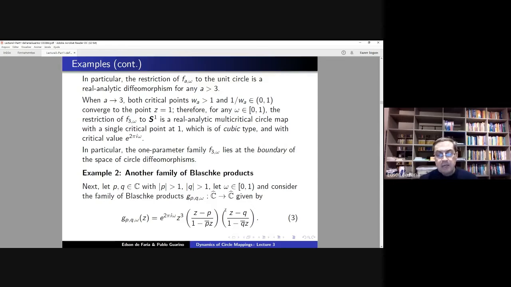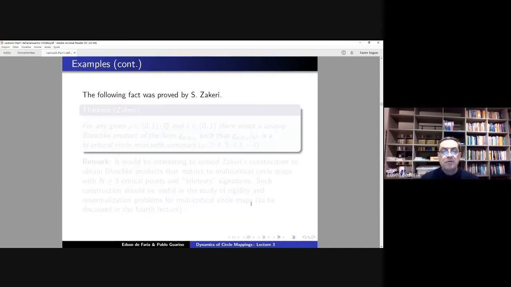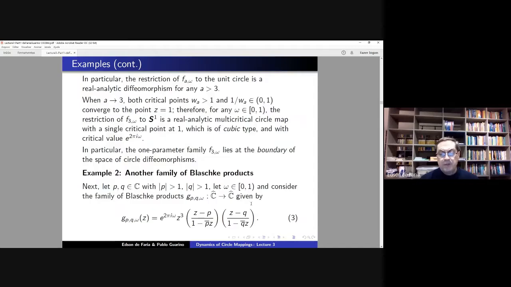And once again, z goes to z cubed has degree 3, but these two Möbius factors that you see in between parentheses here both give you a contribution of -1 to the degree. So the degree now is 3 minus 2, which is still 1. So the restriction of these maps to the unit circle is still a homeomorphism, okay?